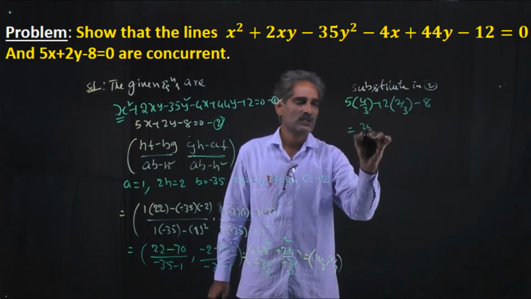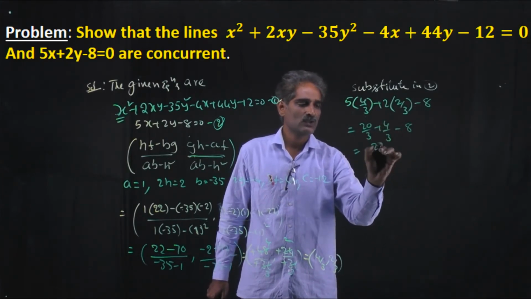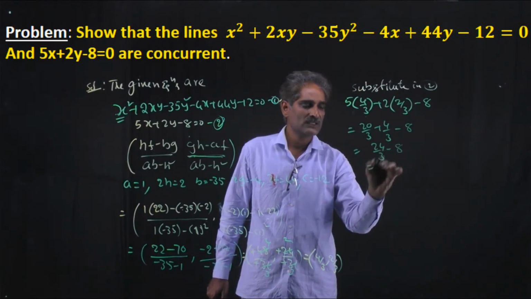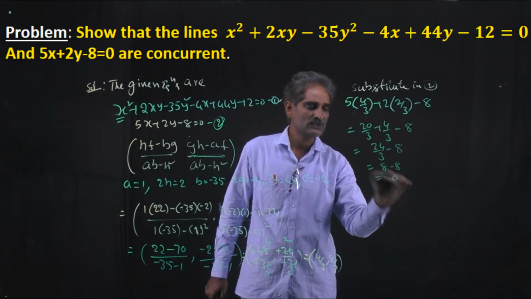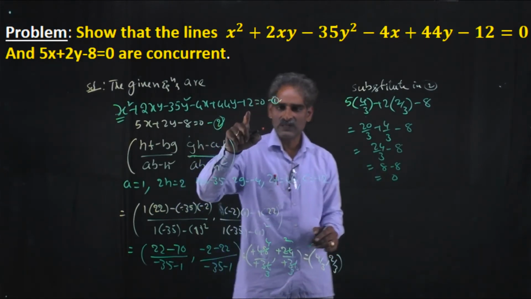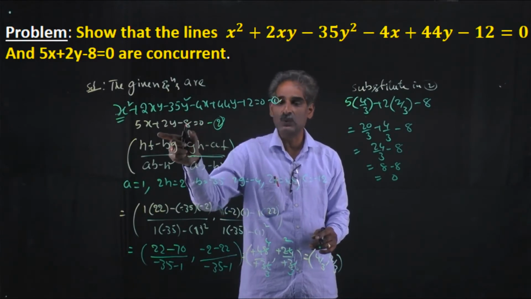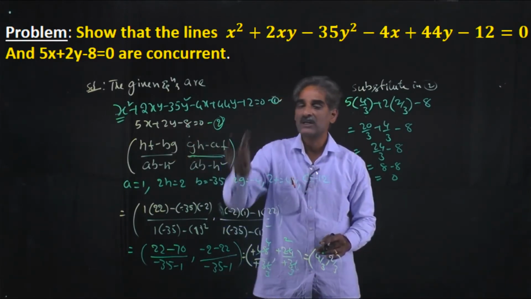Therefore 20 by 3 plus 4 by 3 minus 8. So 24 by 3 minus 8 is equal to 8 minus 8, which is 0. That means the point of intersection of the two lines represented by 1 satisfies 2. Therefore 1 and 2 are concurrent lines.